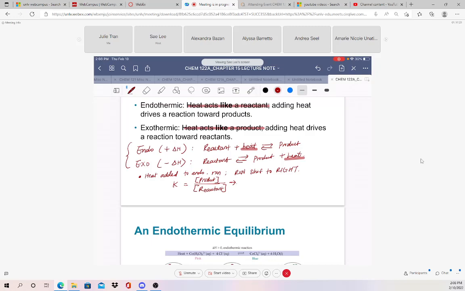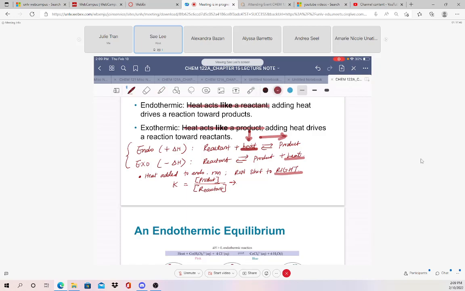I didn't explain why it is shifting to the right. You basically treat heat as a reactant. What happens when you add more reactant to a system? The system would want to use up that added reactant, so the reaction is going to proceed to the right.